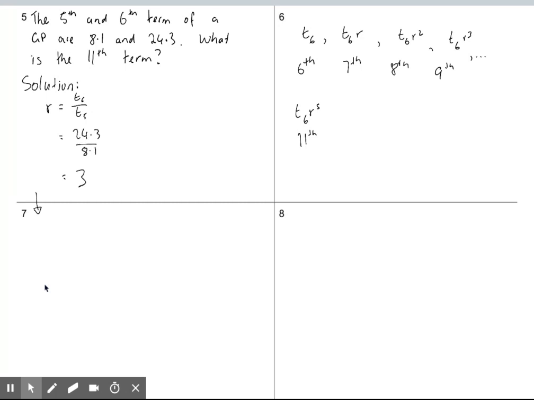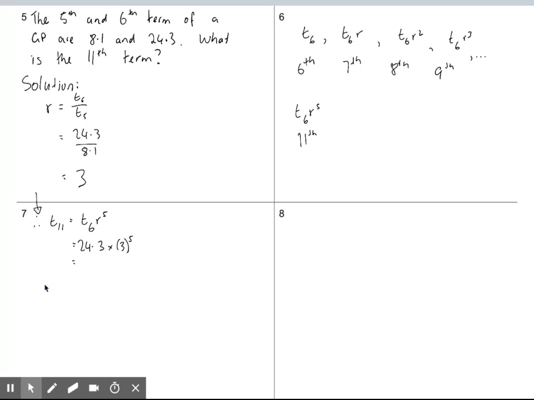So I'm going down to slide 7 here. Therefore, T11, which is actually T6 times R to the power of 5, is equal to T6, which was 24.3, times 3 to the power of 5.